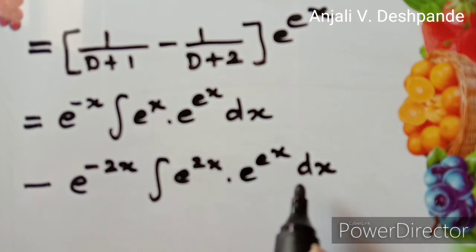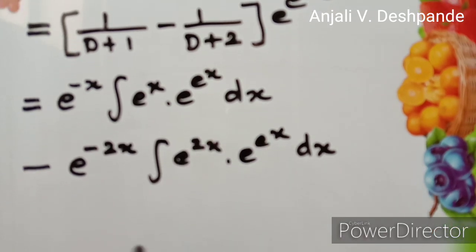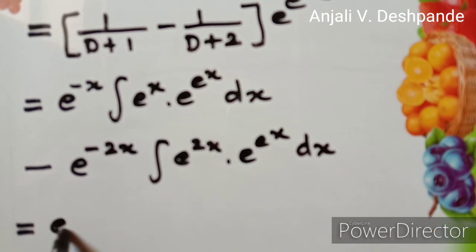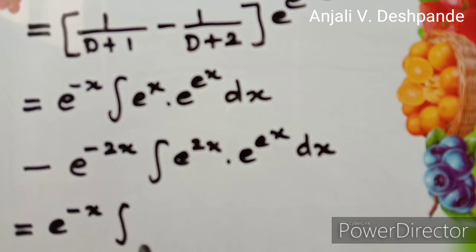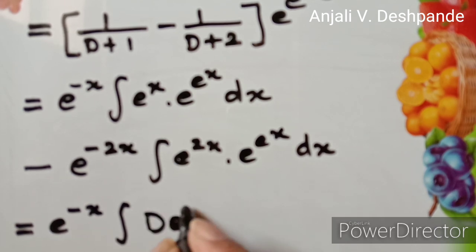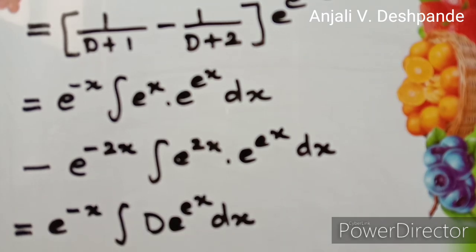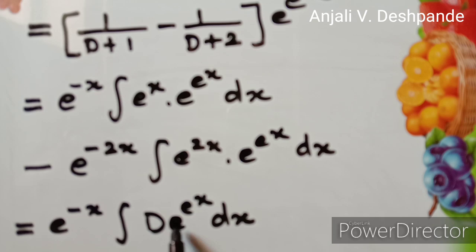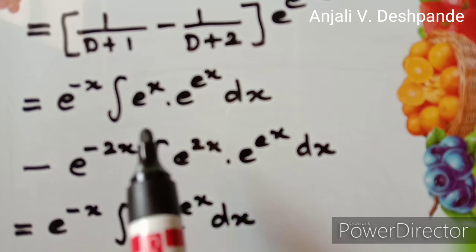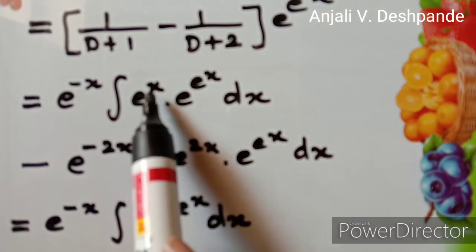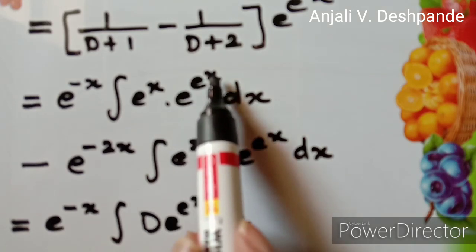Okay, so we have just used the formula. Now this is equal to e raised to minus x integration of the derivative of e raised to x dx. Why are we writing it like this? Over here it is e raised to x into e raised to x.